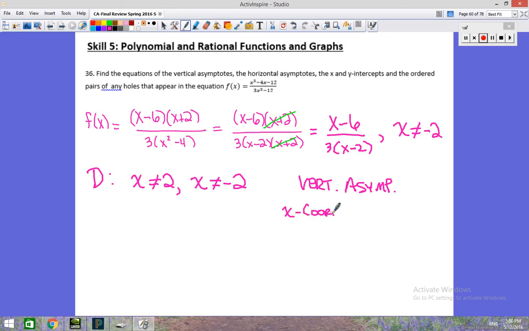There's a hole in the graph, maybe. How do you determine which is which? Maybe they're both vertical asymptotes. Maybe there's two holes in this graph. Well, you look at what got reduced. What got reduced was x plus 2. Those canceled. So this -2 plus 2, it's this guy that's the x-coordinate of a hole.